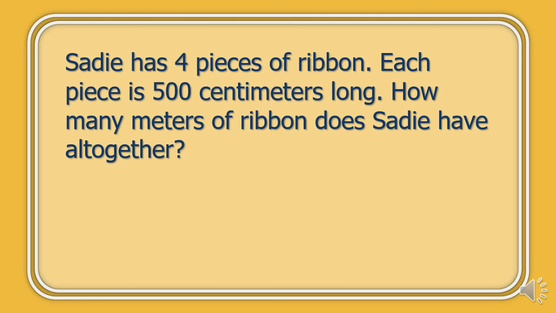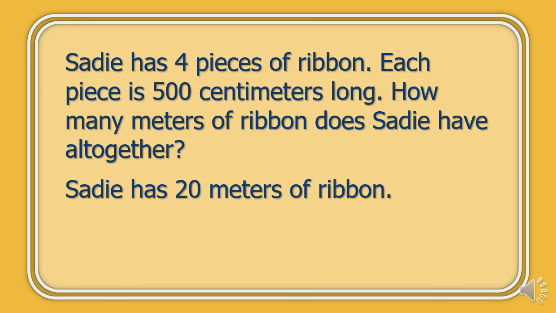Then we add the zeros, and we get 2 more zeros on the end, so that would be 2,000 centimeters. How many meters would that be? Well, there are 100 centimeters in a meter, so we have to say 2,000 divided by 100, and we find that Sadie has 20 meters of ribbon.